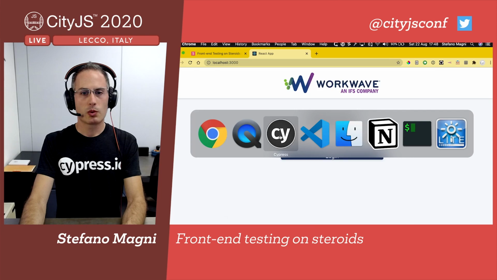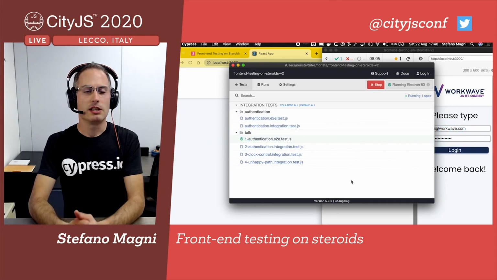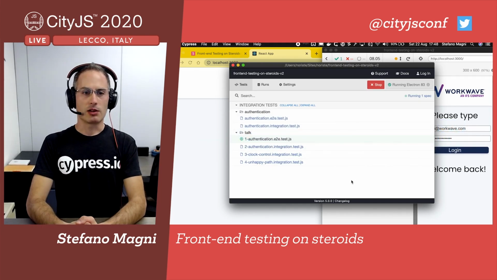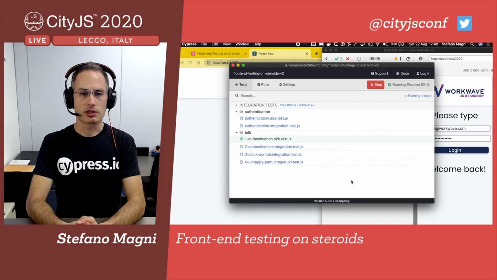So first of all, what is Cypress? Cypress is a browser automation tool. It allows you to control a browser and to perform the user actions inside the same browser. And it has some unique features because, as every browser automation tool, it can be run inside the CI without the interface, obviously, but it has even a UI.